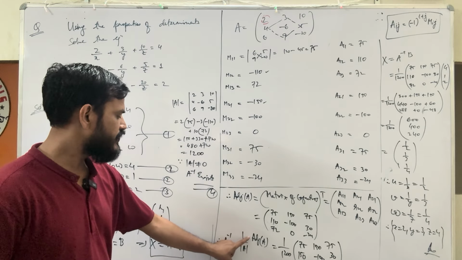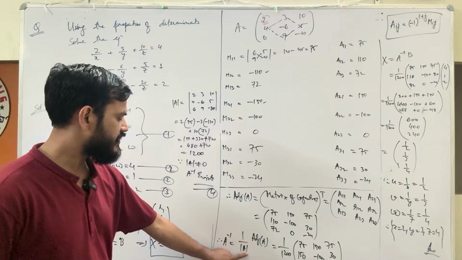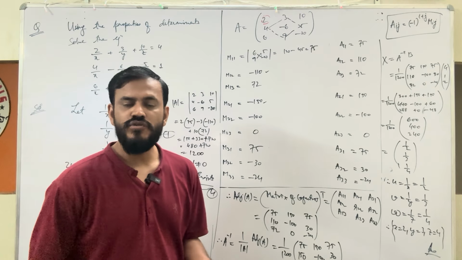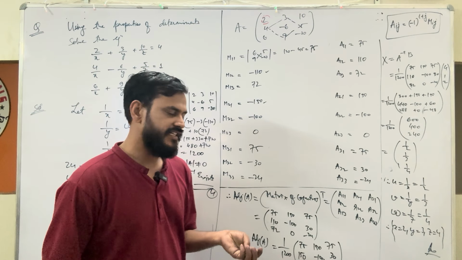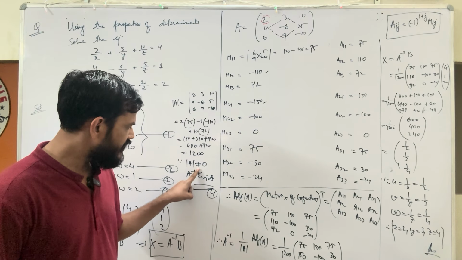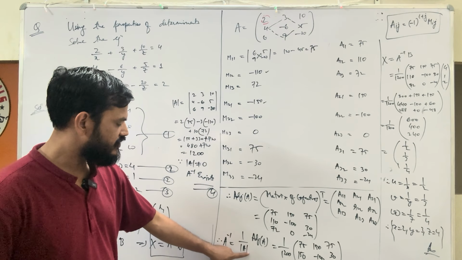Because we need to divide by the determinant of A, and if it is 0, 0 in the denominator will give you something undefined. That is why A inverse doesn't exist. So we find A inverse only if the determinant of A is not 0.